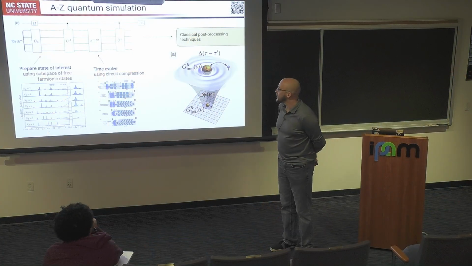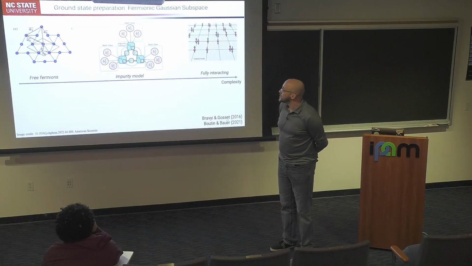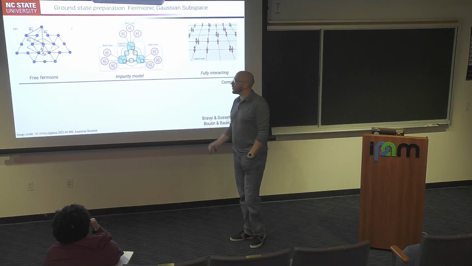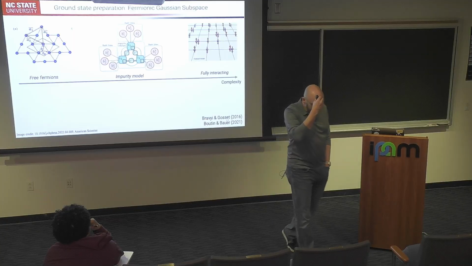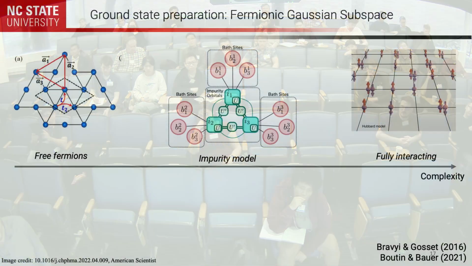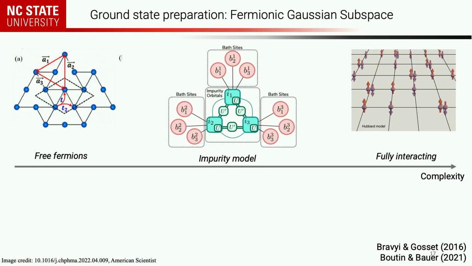All right, cool. So let's do the first one. As it turns out, and this is kind of cool, and this is one of the reasons I think this makes for a really good model to play with, impurity models are special. You can quantify this, but the way that they are special is that they are tunable from something that's free fermionic to something that's fully interacting.